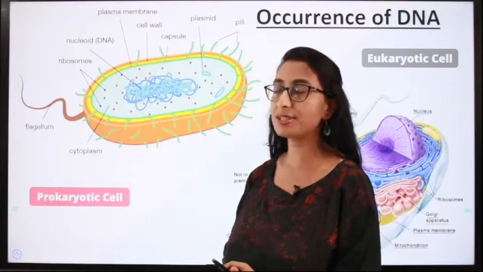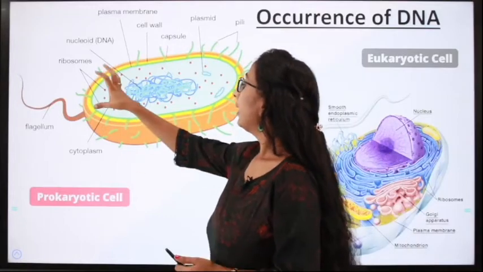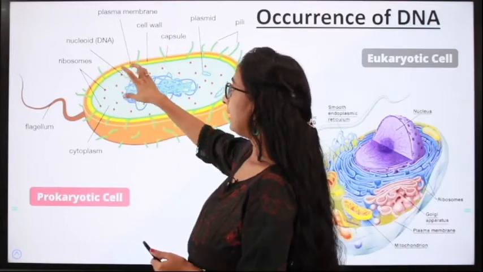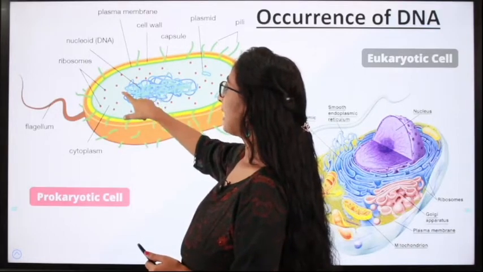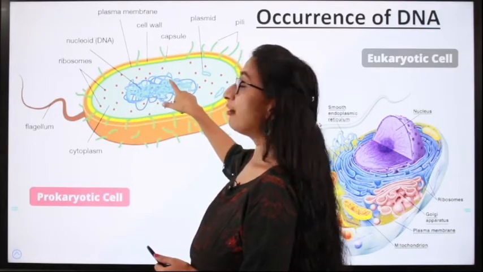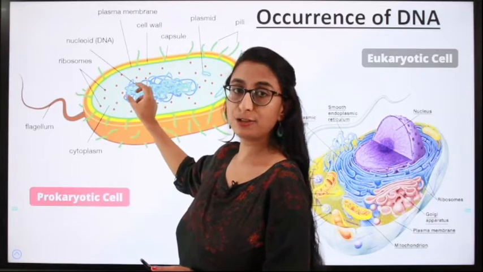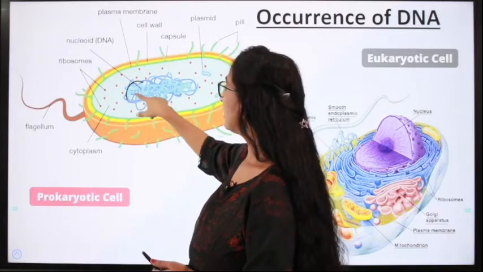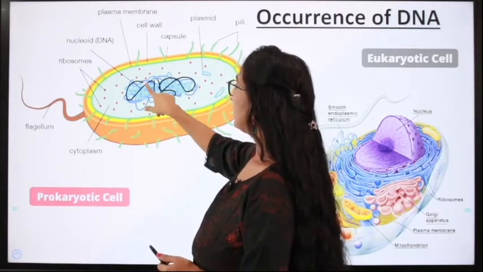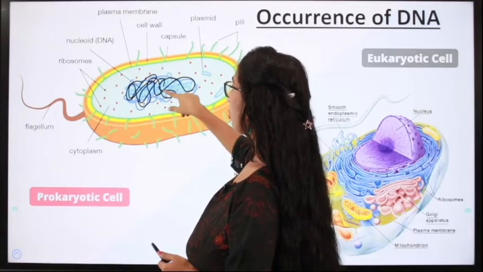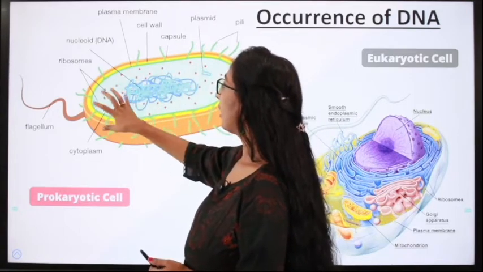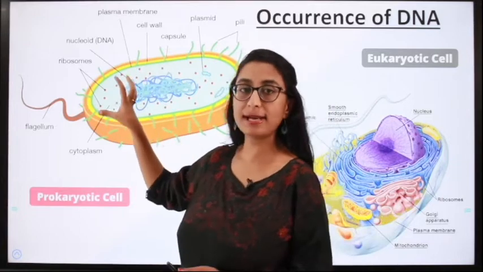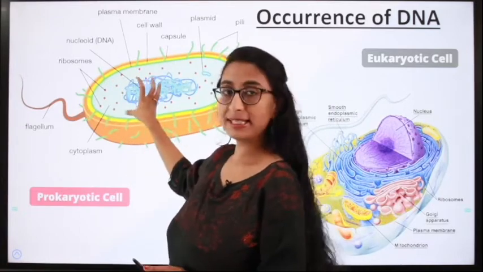We shall be discussing more about the difference between the prokaryotic cell and eukaryotic cell in our future lectures. First of all, in a prokaryotic cell, the DNA is present as circular structures freely suspended in the cytoplasm. Here you can see these coiled circular structures which occur freely in the cytoplasm in a prokaryotic cell.